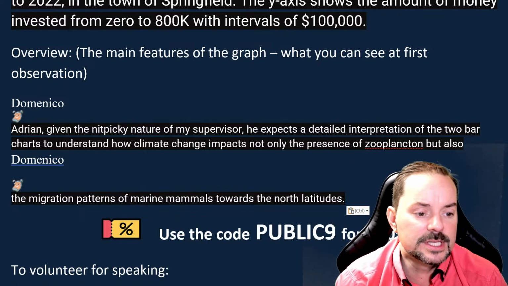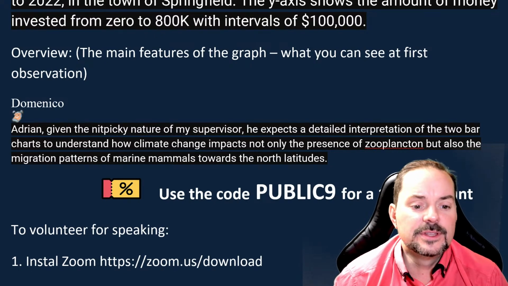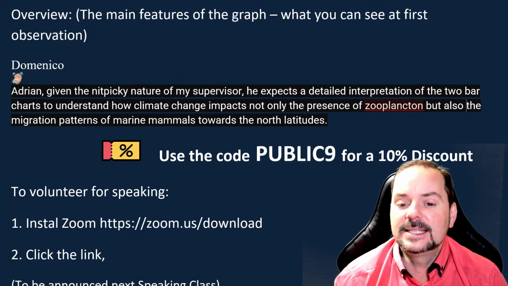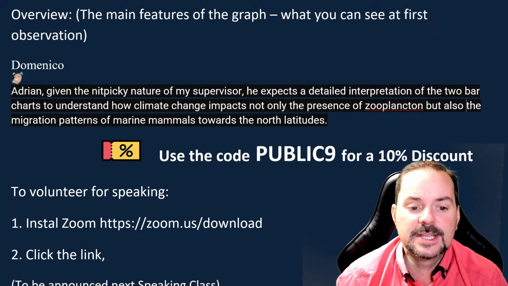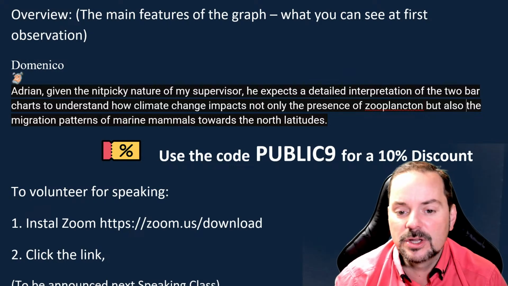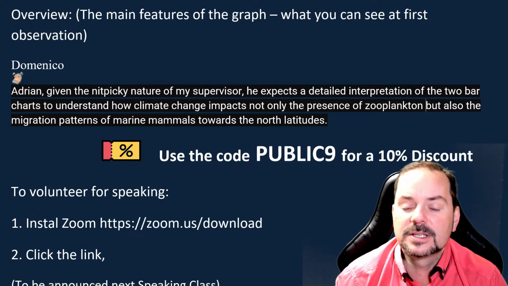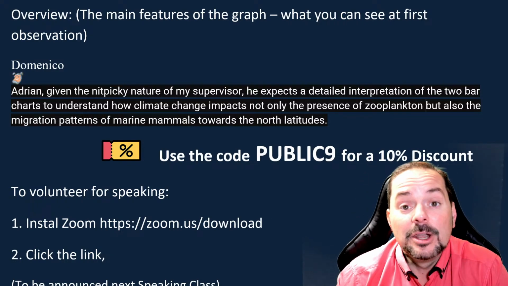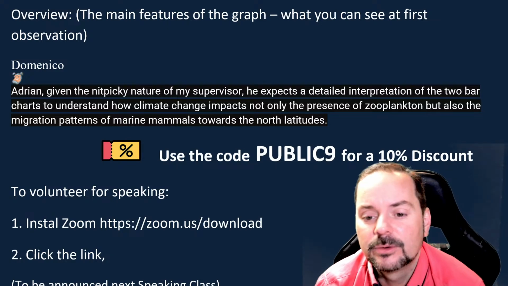So Domenico says, Adrian, given the nitpicky nature of my supervisor, he expects a detailed interpretation of the 2 bar charts to understand how climate change impacts not only the presence of zooplankton. Zooplankton is a type of microscopic or very small animal, often a eukaryote, a single-celled organism.